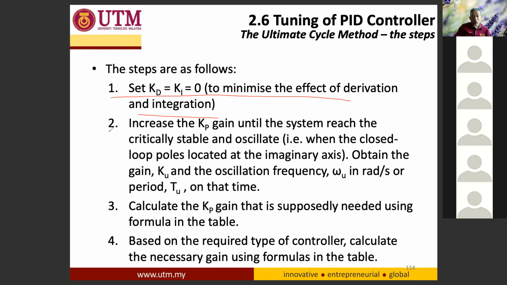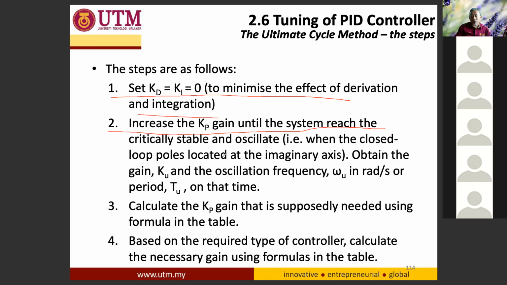Number 2 is to increase the KP gain until the system reaches critically stable, okay, and oscillates. Okay, oscillate means it swings, like a sine wave oscillating. So the truth behind it is when the closed loop poles are located at the imaginary axis.